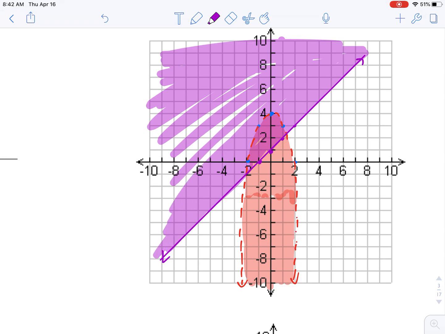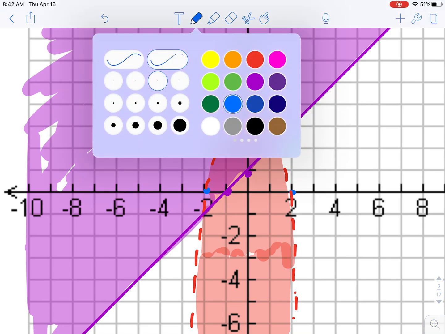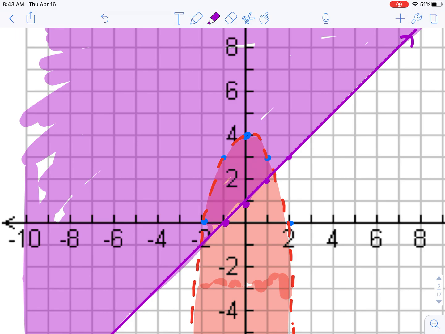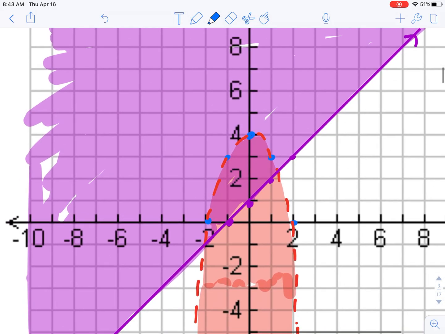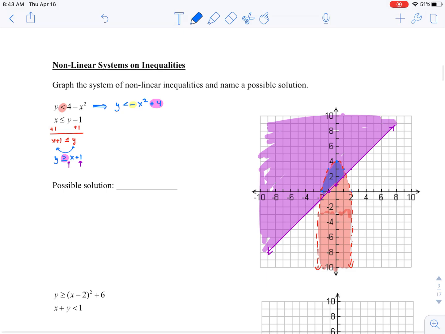So when we're looking for the system, we want to find where we have shading for both. So looking for our shading for both will be right in here. So this blue part. Anything in the blue part is going to be a solution to our system, and then they want a possible solution. And I'm going to pick the ordered pair 0, 2.